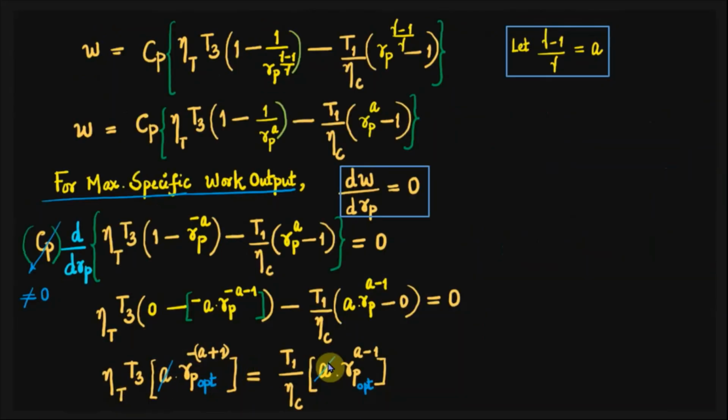Now for simplification, you can take T1 by eta c to the left hand side and the pressure ratio Rp raised to minus of A plus 1 to the right hand side. Remember, this Rp is now Rp optimum. So what you can get? Eta t into eta c into T3 divided by T1, when it comes to the left hand side, it will go to the denominator, and that is equal to, on the right hand side, Rp raised to A minus 1, and then this Rp optimum raised to minus of A plus 1, and when that is taken to the right hand side, it will become Rp raised to A plus 1.